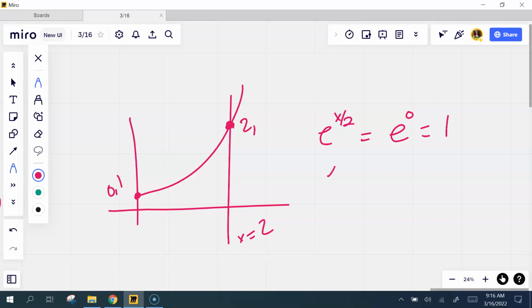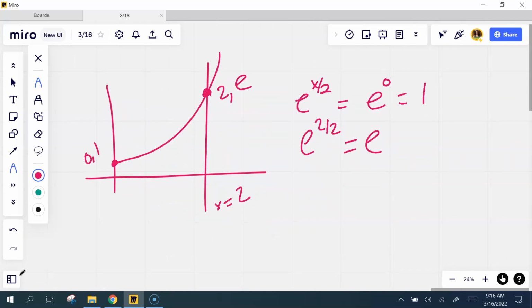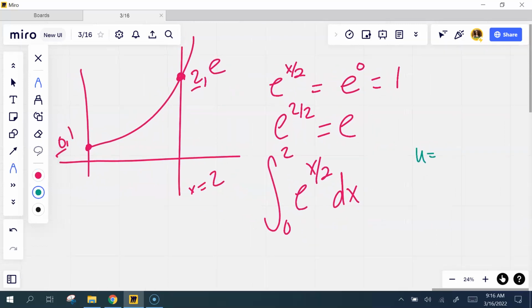Well, what is e to the 2 over 2? Just e, and I'm going to leave it just e. So I know I need to find the integral from 0 to 2 of e to the x over 2 dx. I let my u, any ideas?